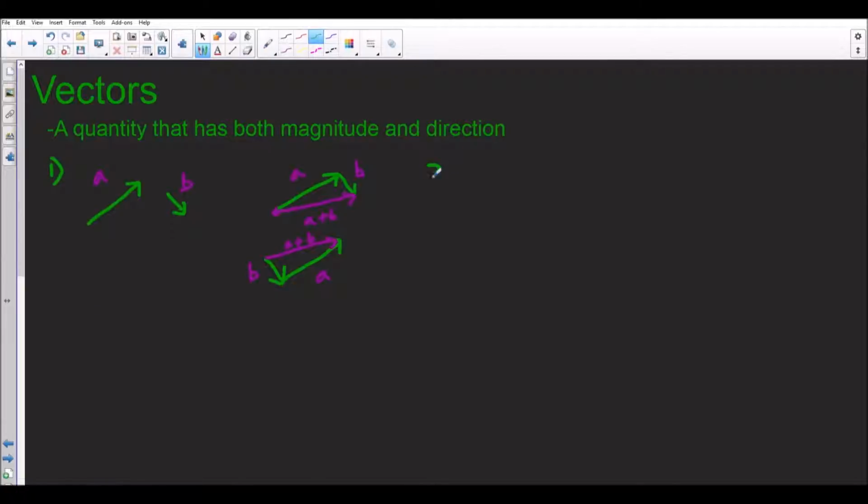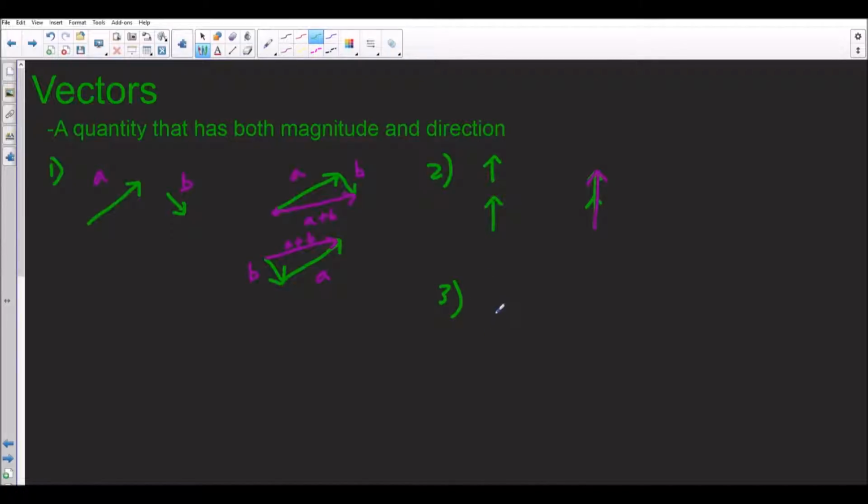Let's try example 2. What if we had a travel straight north and then another travel straight north? How would we draw that? Well, all you need to do is draw them tail to tip. So it would be like that. Our total displacement would be the length of both of the vectors added together. Now let's try another example here.